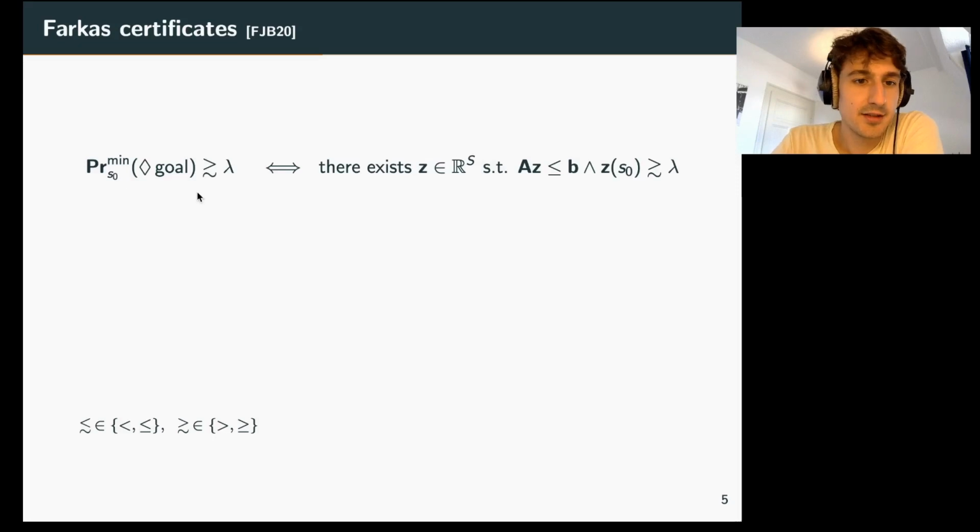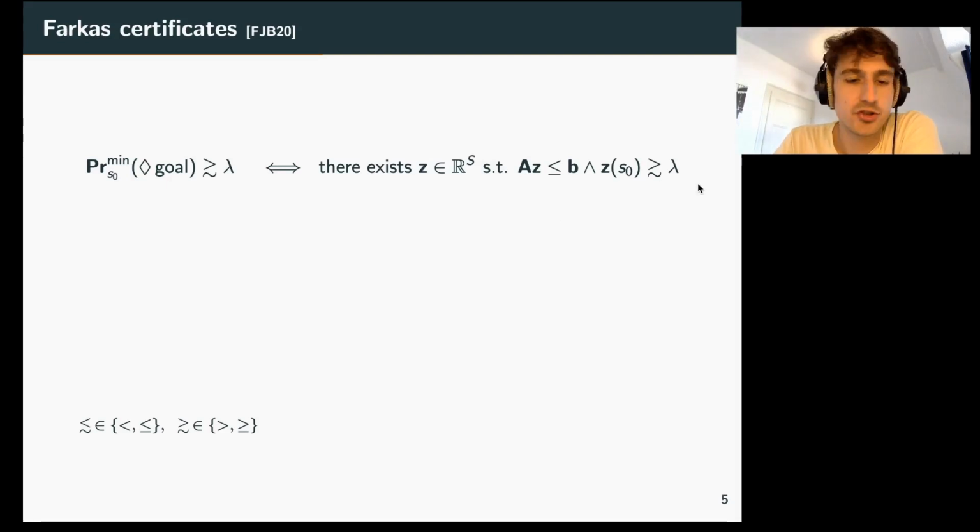We can write the threshold property pmin eventually goal greater or equal lambda as equivalent to the statement that there exists a Z such that AZ less or equal B holds, and the entry for the initial state is greater or equal lambda.